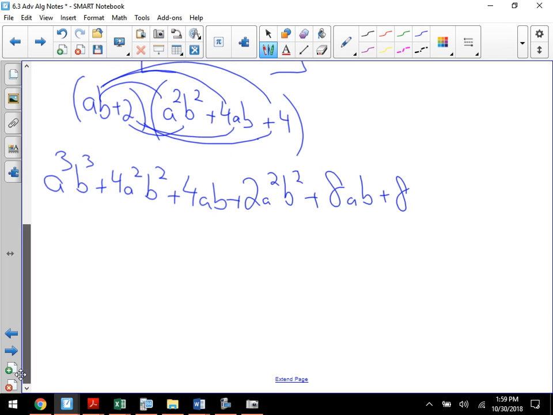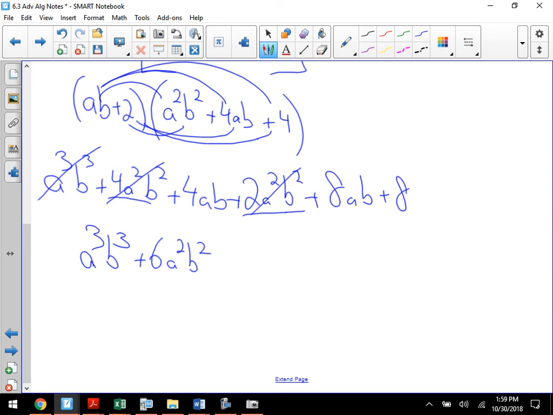So if you start with the cube, go to the next. 4a squared b squared plus 2a squared b squared is 6a squared b squared. 4AB, 8AB, 12AB, and an A. Again, it's not that the math here is tough. It's just making sure you keep it clean.